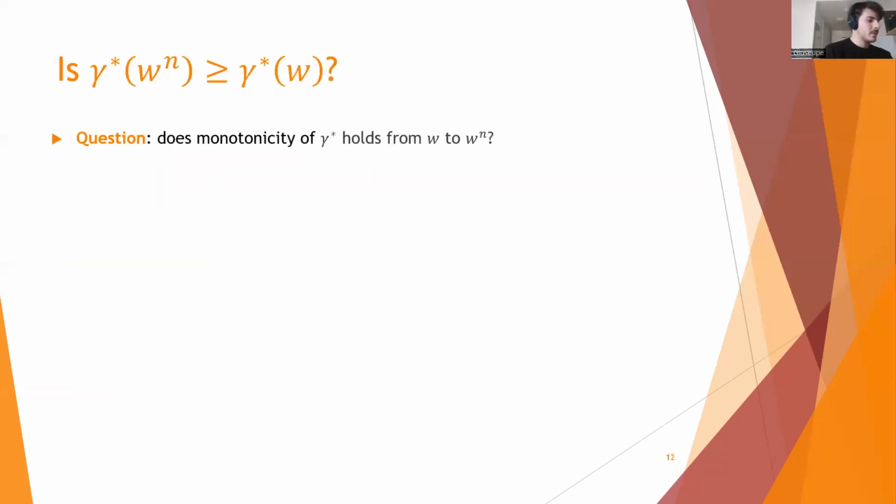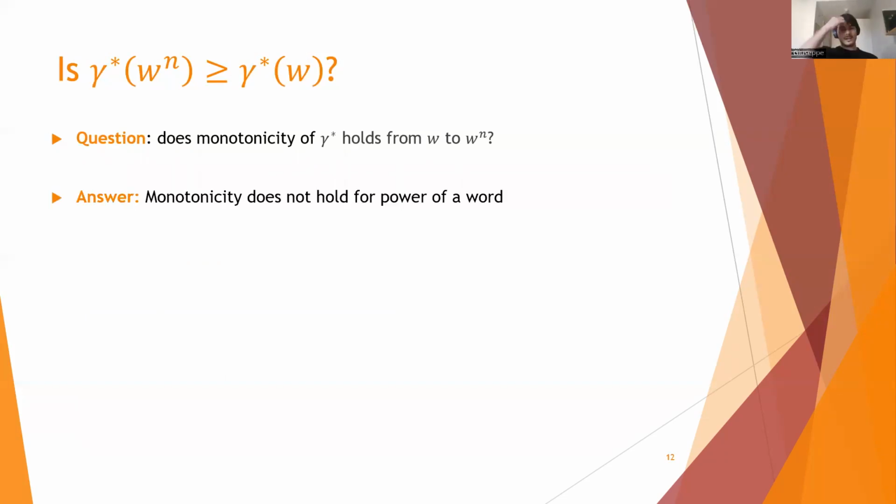So we wondered if there were some cases where the monotonicity holds. And we wondered if this holds when we consider the power of a word. But also in this case, we came out with the same solution, that the monotonicity does not hold for a power of a word, and actually we proved a stronger result.